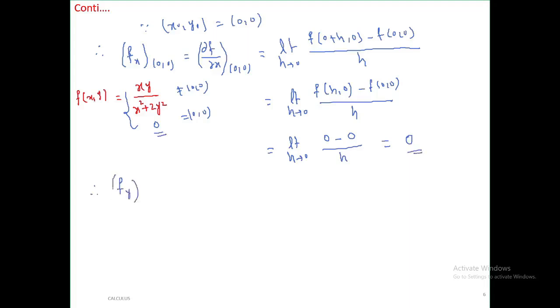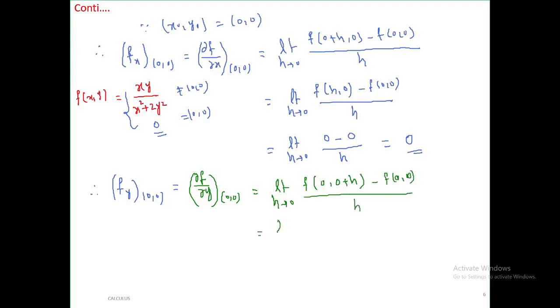Again the same at origin, 0 comma 0. This is dou f by dou y at origin. Again, by using first principle, this equals limit h reaching 0 of f of 0 comma 0 plus h, because of variation in the y coordinate, minus f of 0 comma 0, upon h.